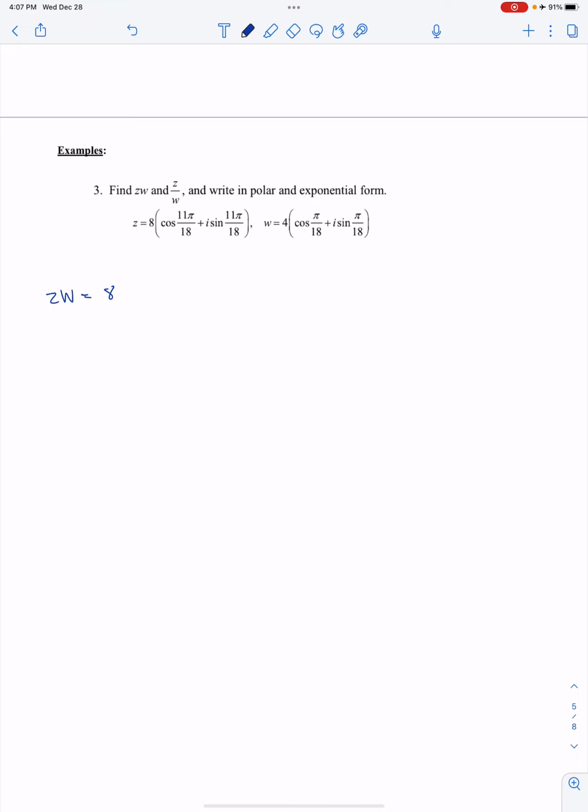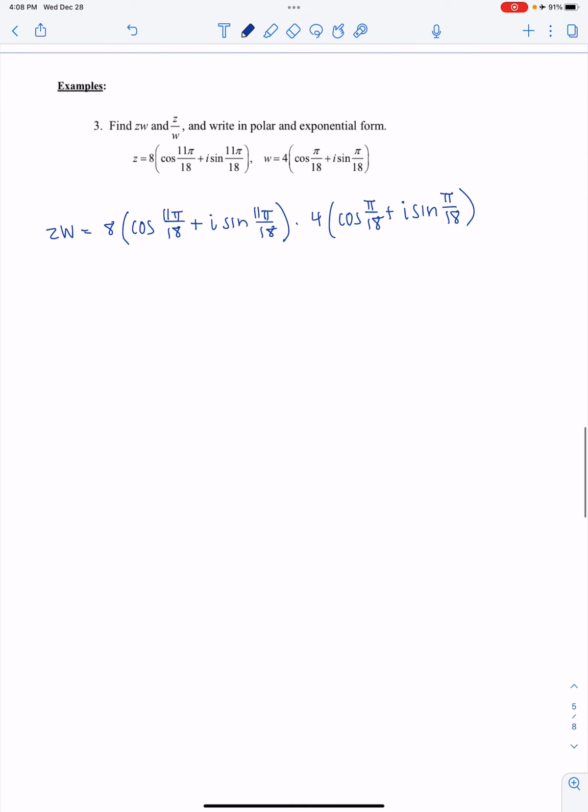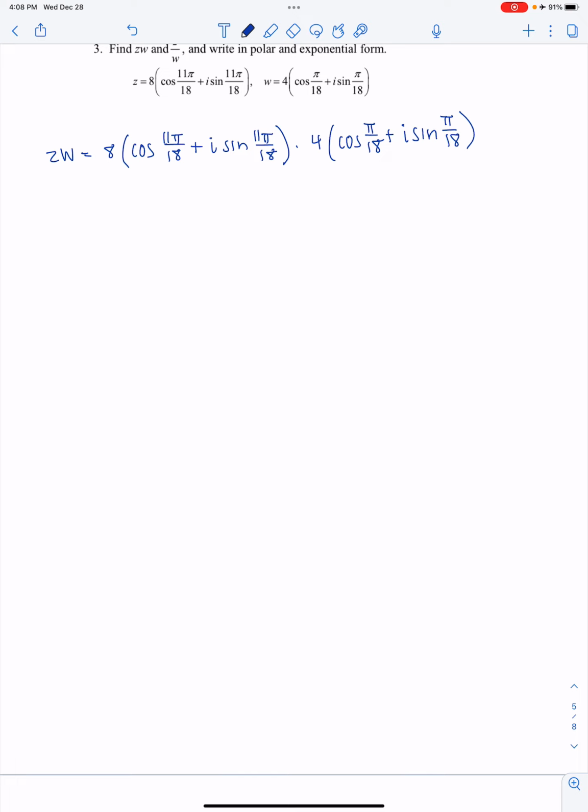So we're going to have 8 times cosine 11 pi over 18 plus i sine 11 pi over 18, times 4 times cosine pi over 18 plus i sine pi over 18.